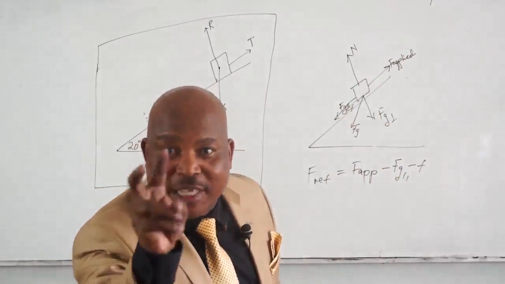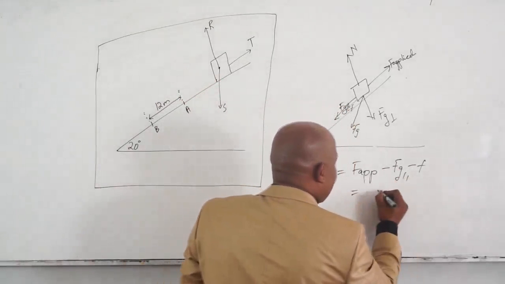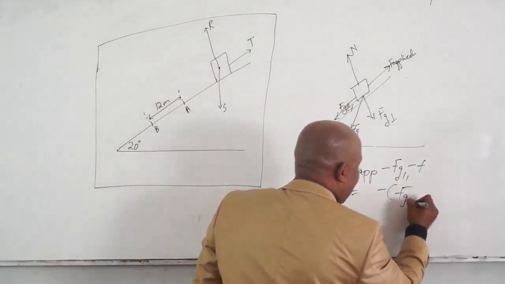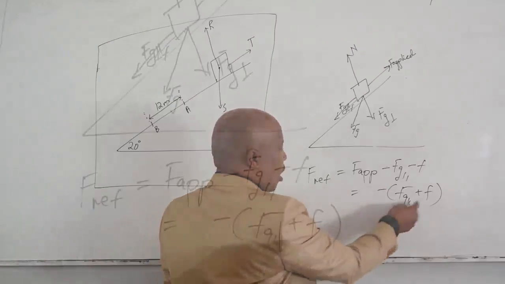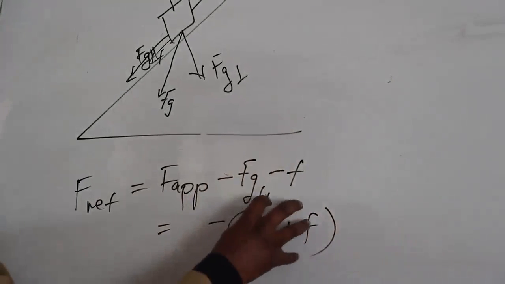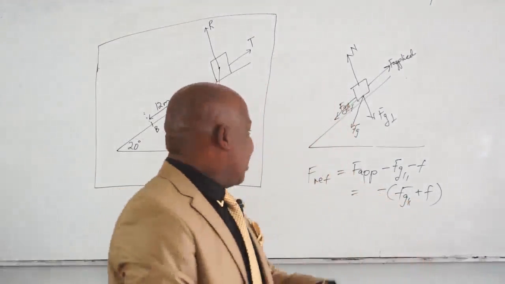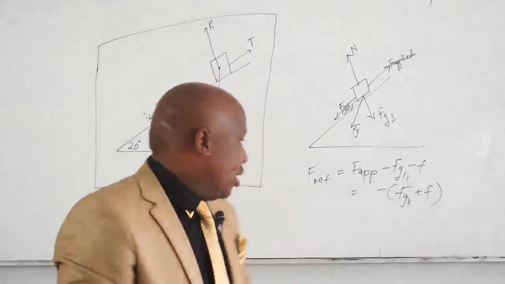Whatever is opposite to that is negative. But if I put it nicely to you, I will write it like this. What does this mean? It means FG parallel and frictional force are going in the same direction. That's why it's plus. But they are opposite to the applied force. That is what is happening.